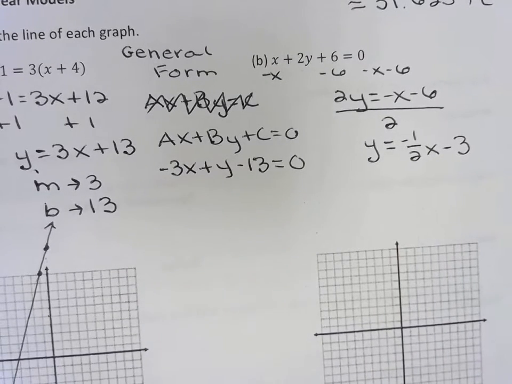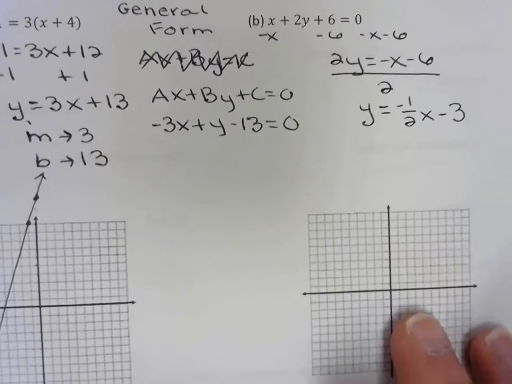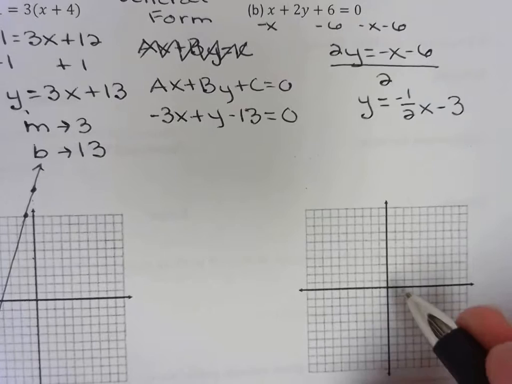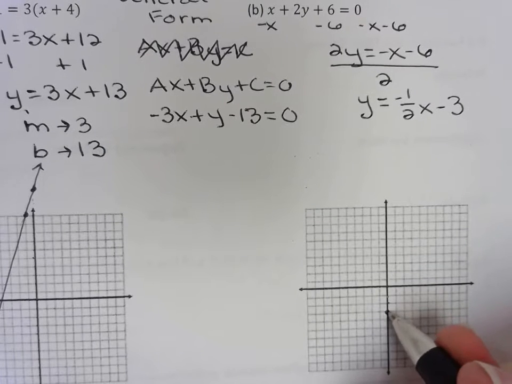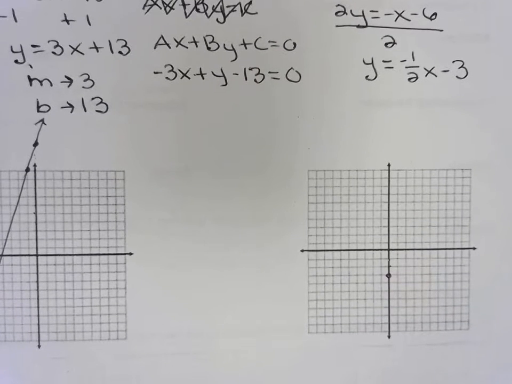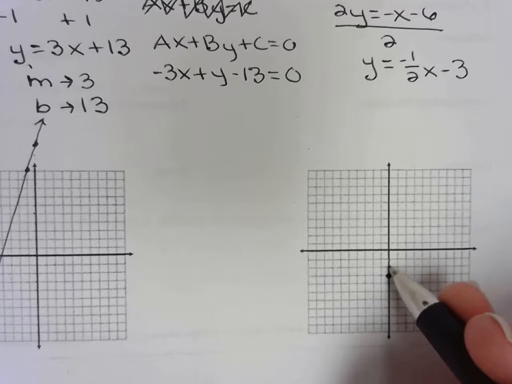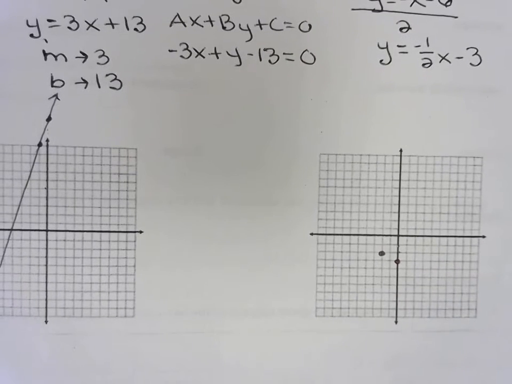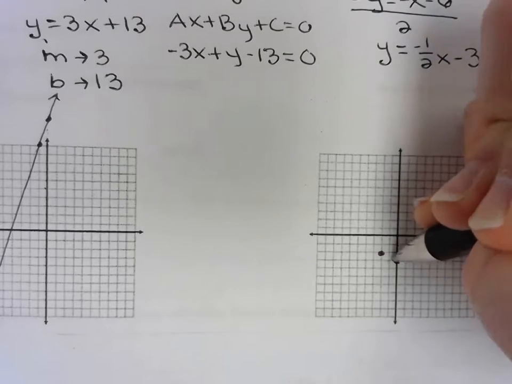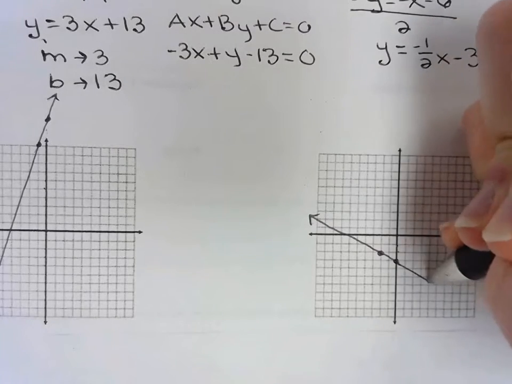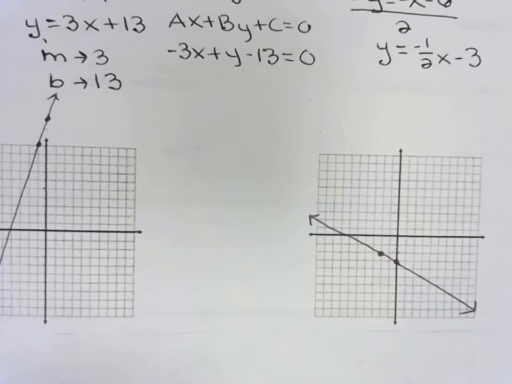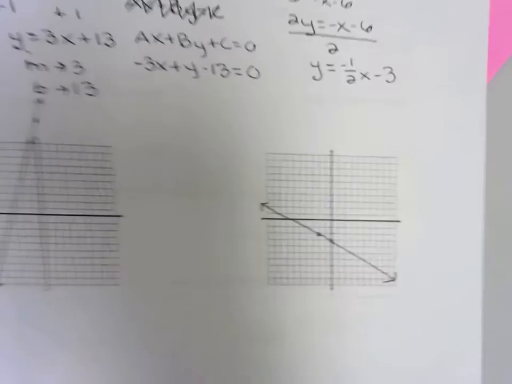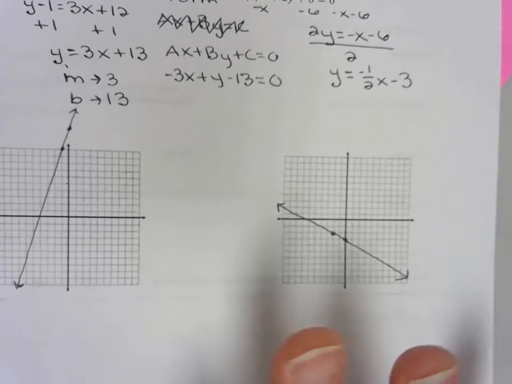So just kind of working between the two forms, general form and slope-intercept form. And if I would graph this real quick, down 3, 1, 2, 3. My slope is a negative 1/2, so I can go up 1, left 2, or down 1, right 2. It doesn't really matter. And there's my line. I know I'm kind of going fast with that. Are we good with that stuff?